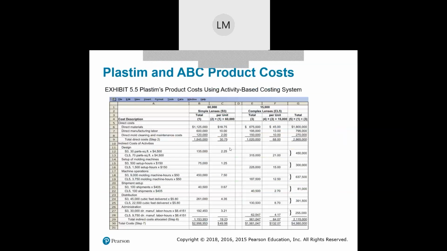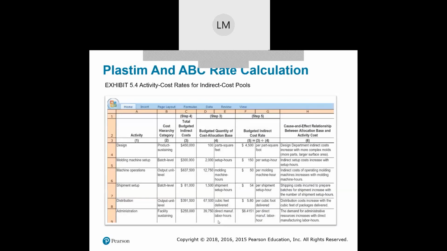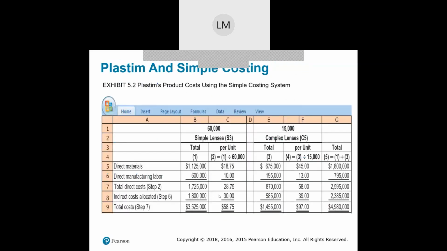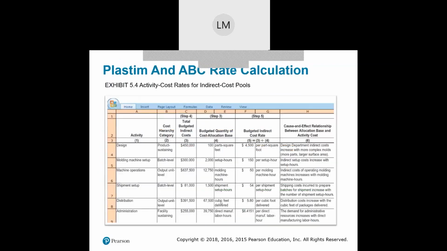However, with indirect cost activities, we're now allocating indirect costs based on these 6 different activities, $19.23 per unit. How much did we allocate before? We allocated $30. Big difference here.